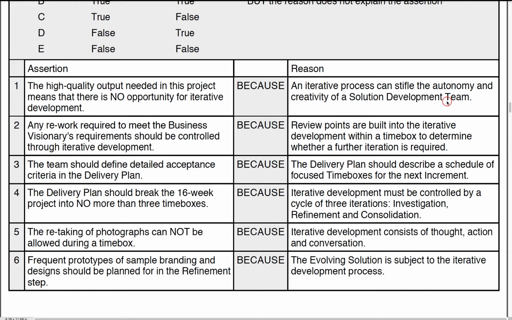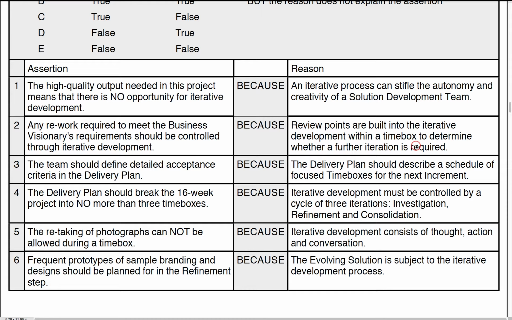So this is false. Review points are built into the iterative development within the time box to determine whether further iteration is required. Well, of course we do that. This is why we have review points, and in fact the cycle for iterative development is thought, action and conversation. And so the conversation is around the reviews once we've done the work, to see if we need any more time.